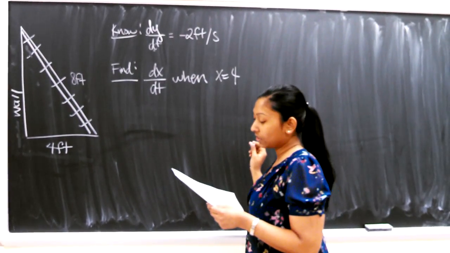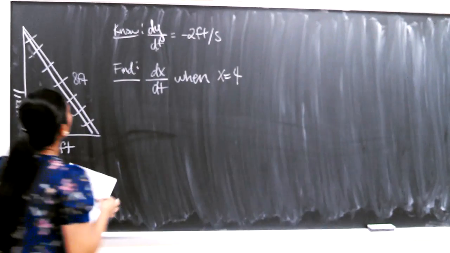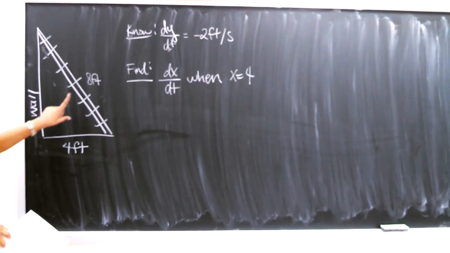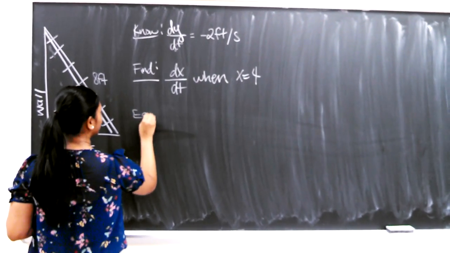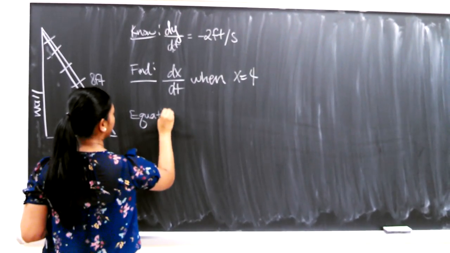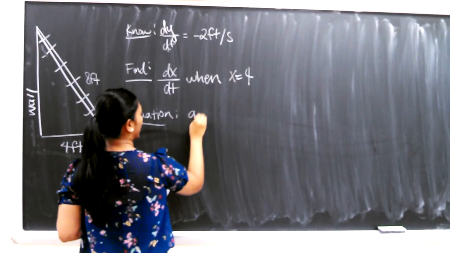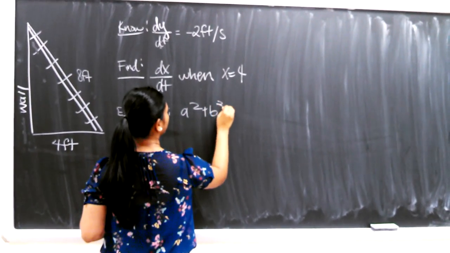Okay? So first we want to find what y is. So we're going to use the Pythagorean theorem, which is a squared plus b squared equals c squared.